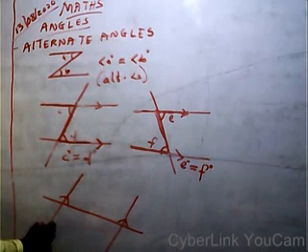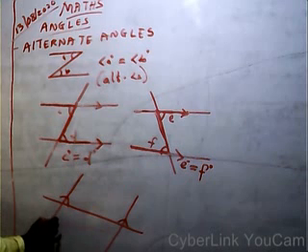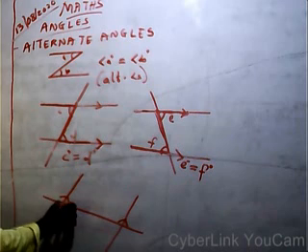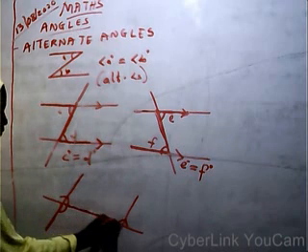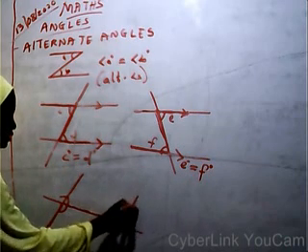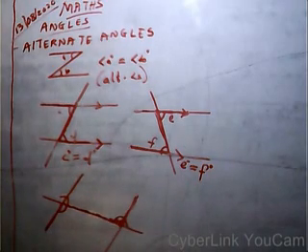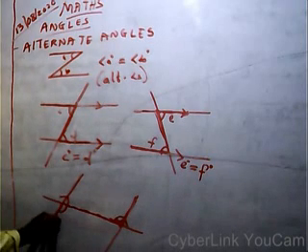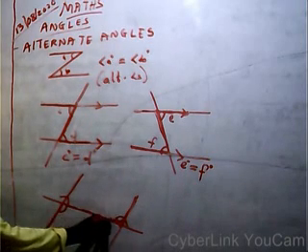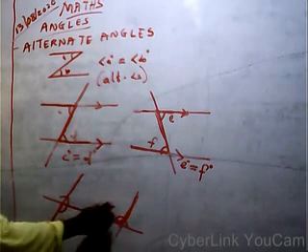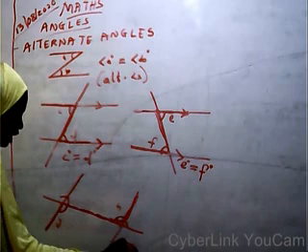This is the Z that formed. See? Here is an angle here. This is another angle here. This is an angle here. And this is another angle here. So this angle G and H are equal.